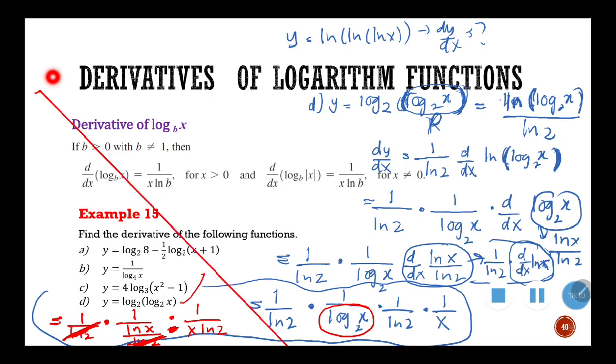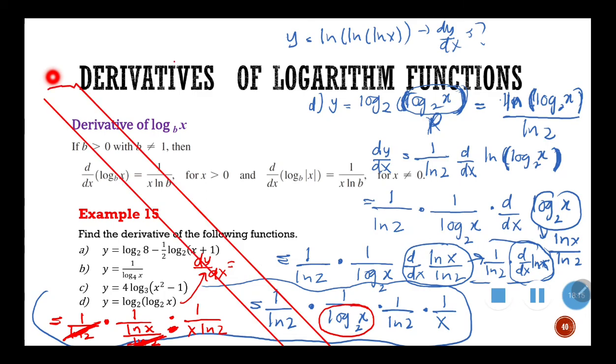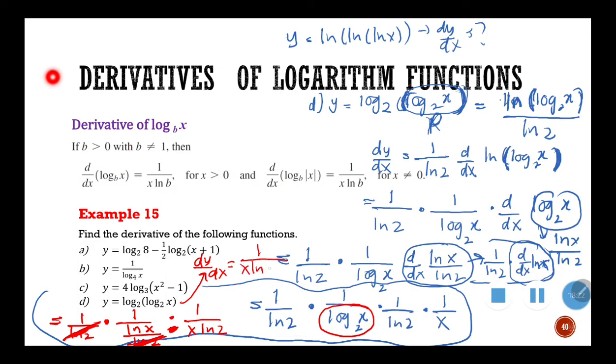So maknanya jawapan yang ni, dy dx dia adalah equals to 1 over x ln 2 times ln x. Okay, ni dah bertindak-tindak dah tulisan ni. But the final answer of this is equals to 1 over x ln 2 times ln x. Alright, kalau you nak tinggal jawapan you macam ni pun boleh juga, cumanya macam tak kemas lah. Alright, so that's all for example 15.